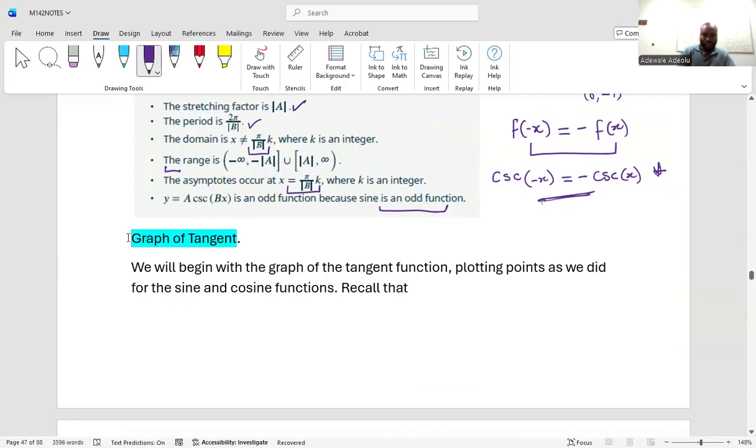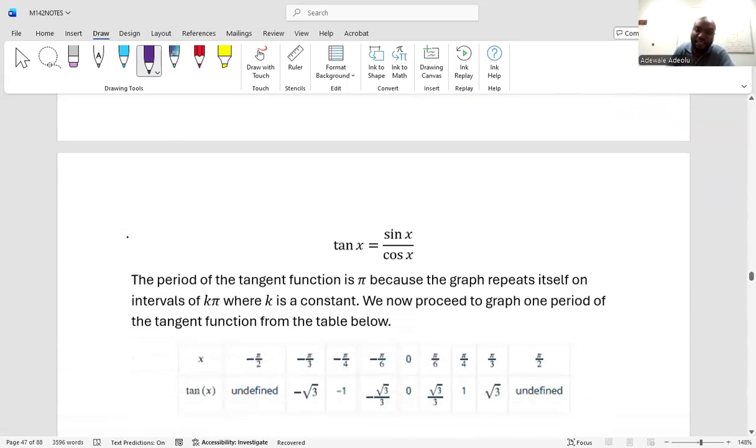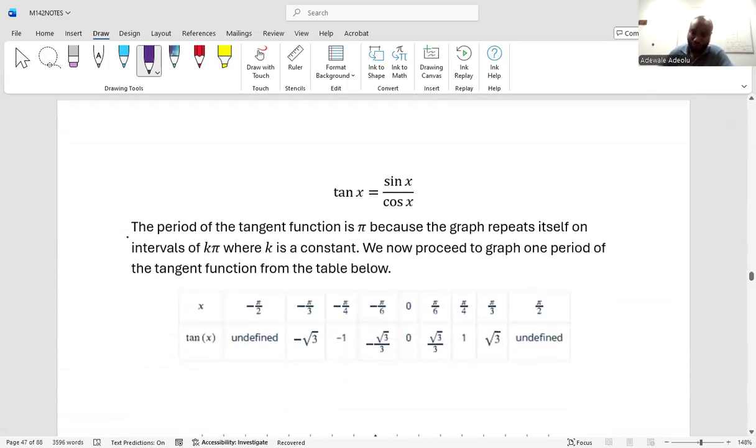Okay, let us move on to graph of tangents. So with this, we will begin with a graph of the tangent function by plotting points as we did for sine and cosine functions. You recall that tangent is related to sine and cosine by this.